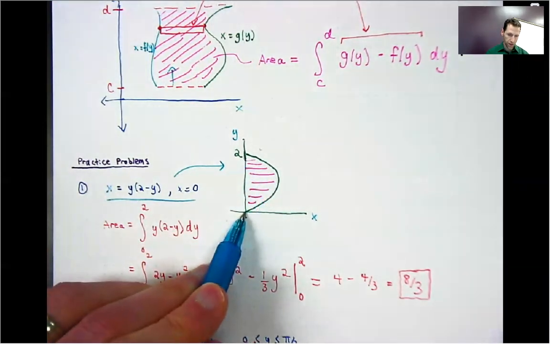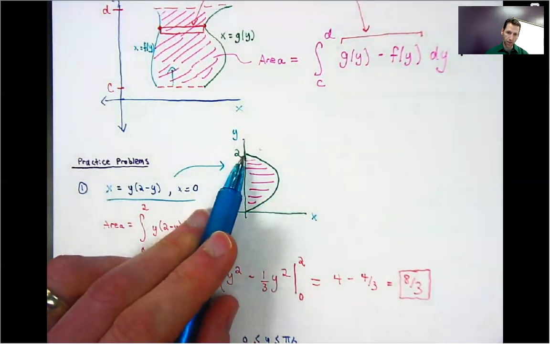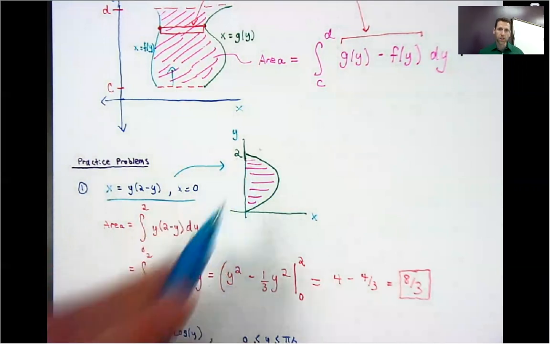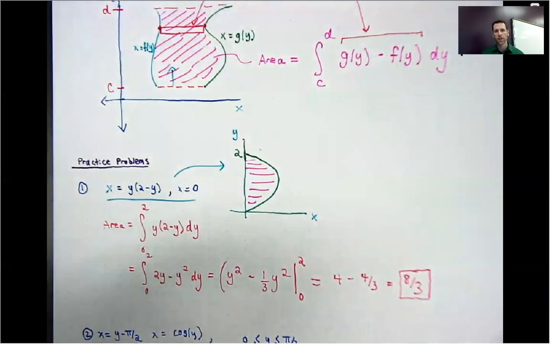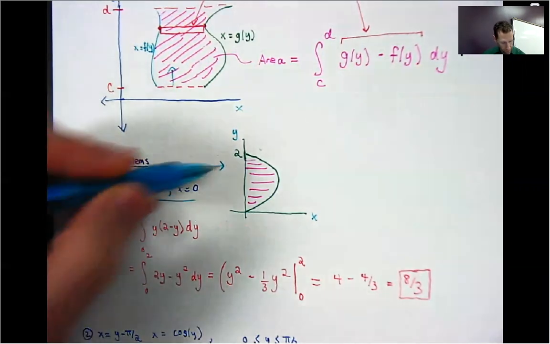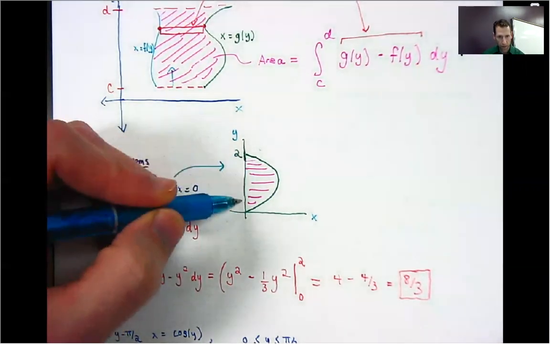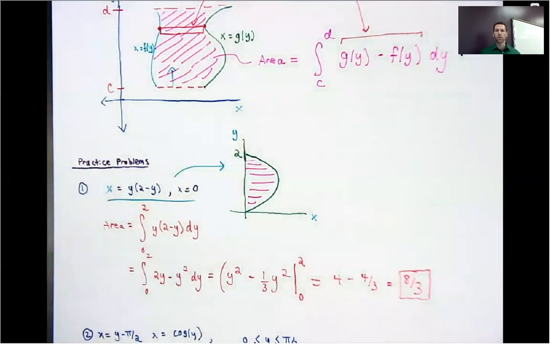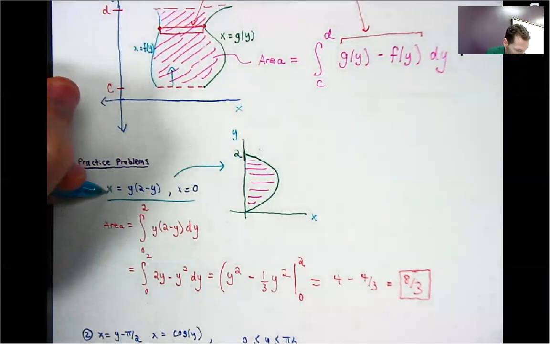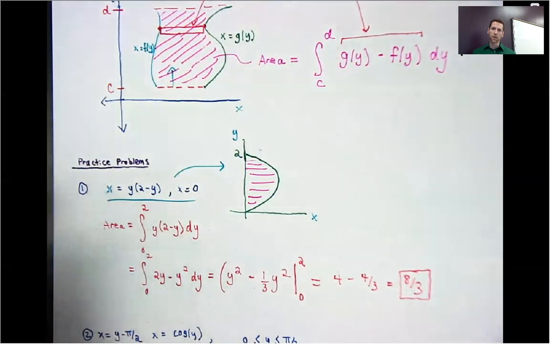It's 0 at 0, and it's 0 at 2 when y is equal to 2. And so when I have that, and I look at x equal to 0, that's the vertical axis. I'm trying to find the area trapped between that. So you'll see in your homework, I want to find the area between two curves. It's up to you to find a picture to see what area is being determined by these two functions.